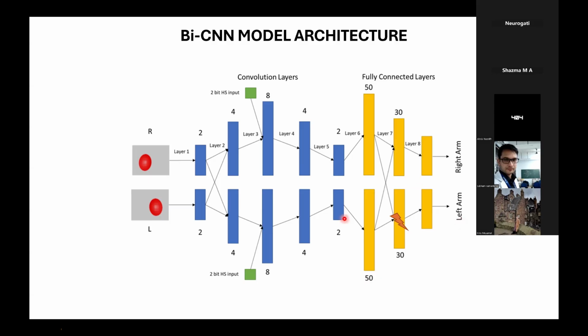Multiple studies show that the early layers of the convolutional network have a function similar to the early visual layers, which is why we decided to lesion the penultimate layer, the layer right before the output layer, because we thought this would be closer to the motor layer in the brain. So that's how we decided that.